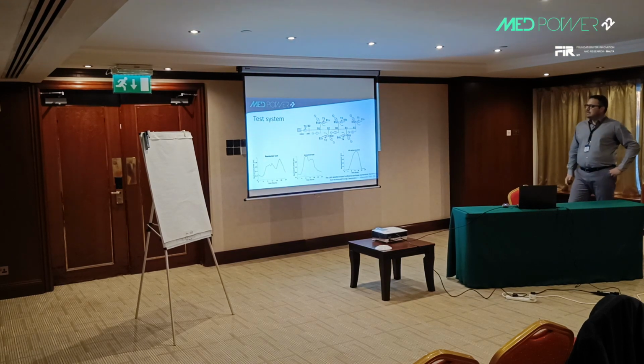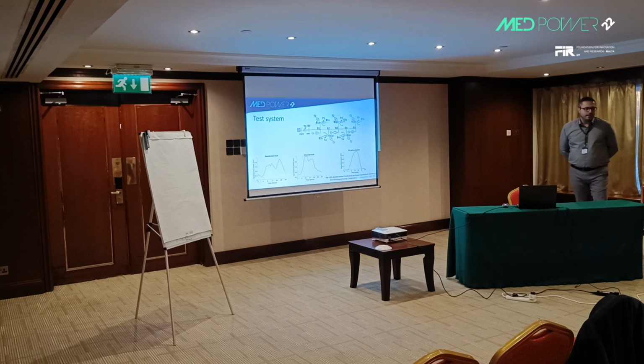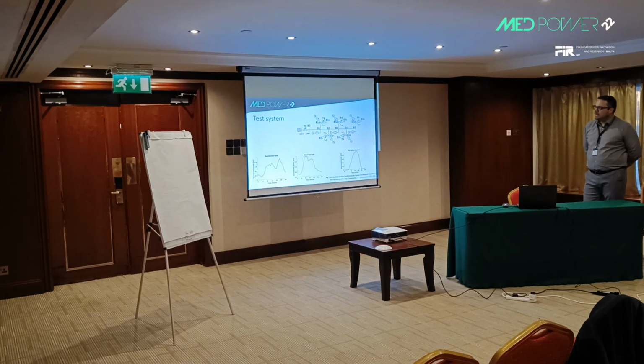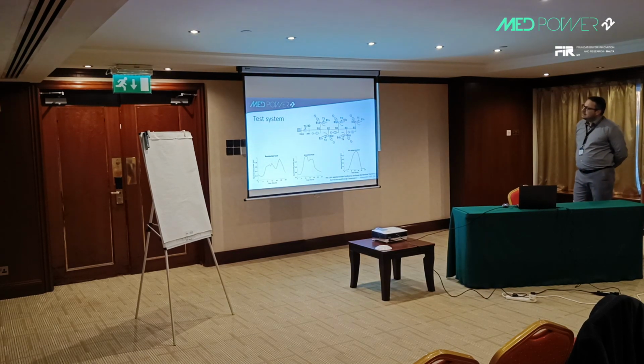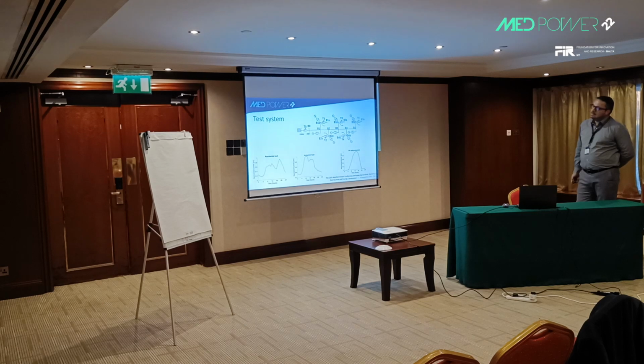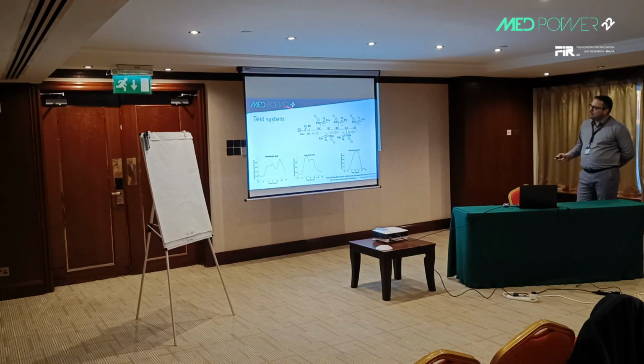The test system used in the analysis is the 20 kV overhead power distribution system shown in this figure, based on realistic data received by the Hellenic, the Greek, distribution network operator. We assume aggregate loads supplied by the medium voltage and low voltage buses.